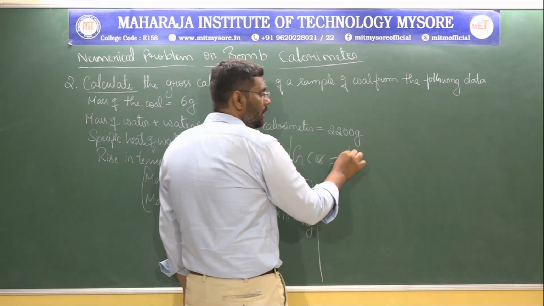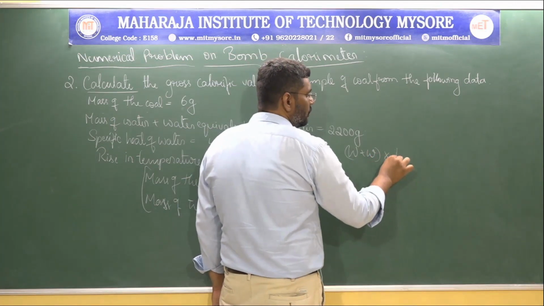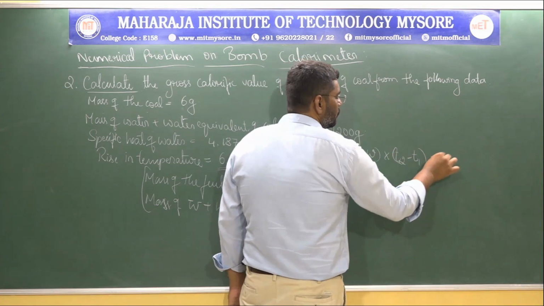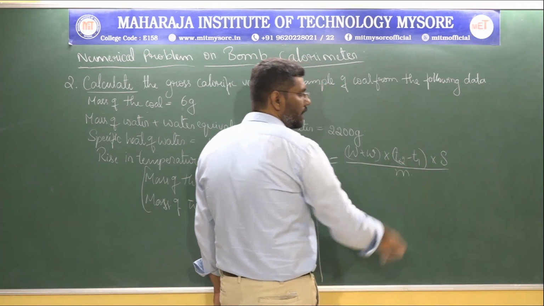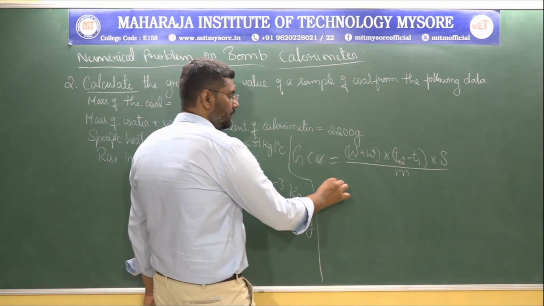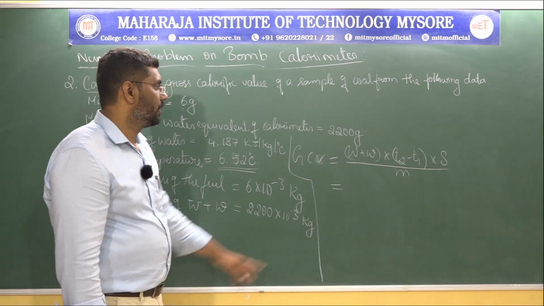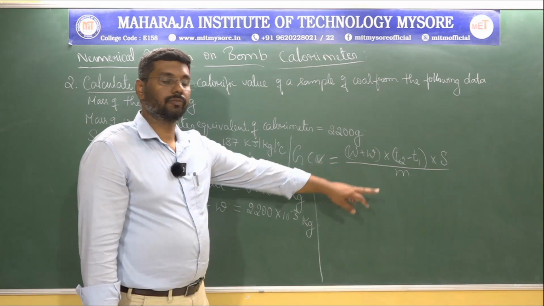GCV is equal to (W plus w) into (T2 minus T1) into specific heat S, divided by M, where M is the mass of the fuel. Just write down the given data into that expression. We know what W plus w is, that is water and water equivalent of calorimeter.